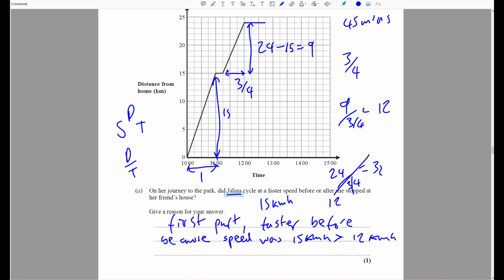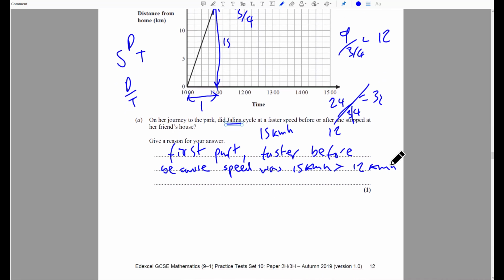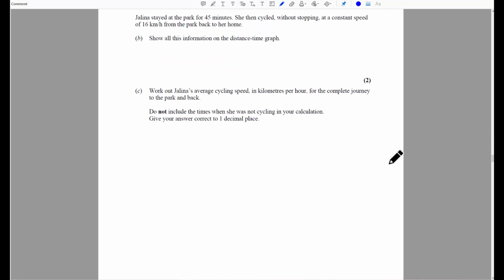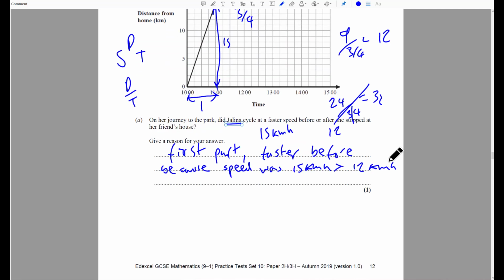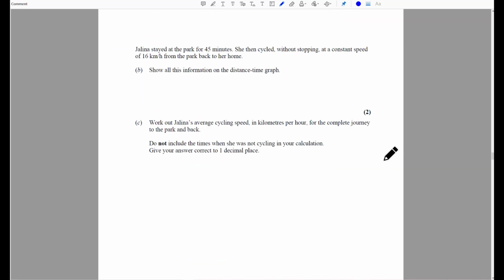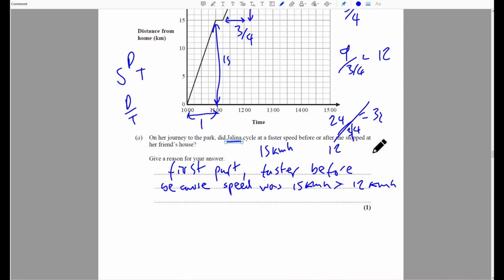So we need to work out what 16 is as a negative gradient going home. So 16 kilometers per hour. Actually, does it ask us to draw this? I've not even read the question. Okay, 16 kilometers per hour back to her home.